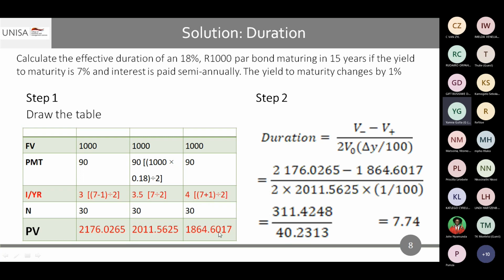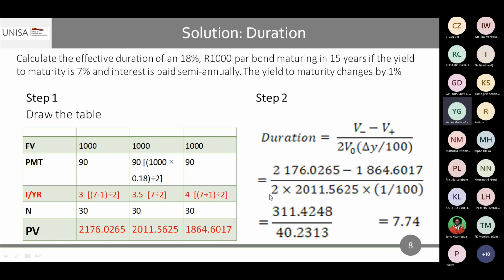Then we put them into our duration formula. We say V minus less V plus, and you get this amount of 311 Rand 42 cents.